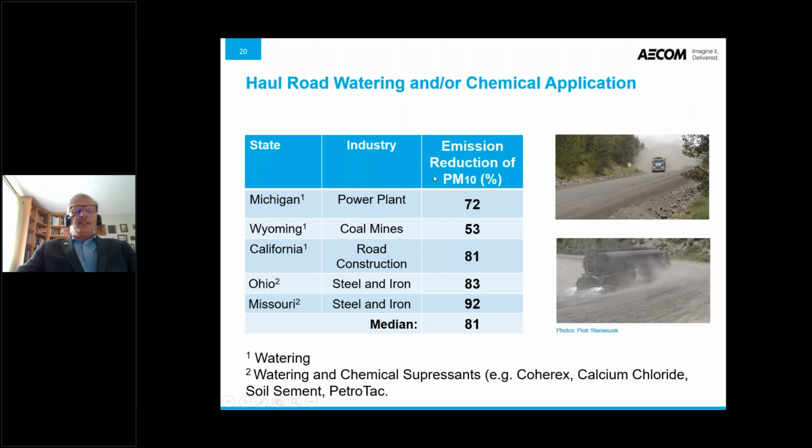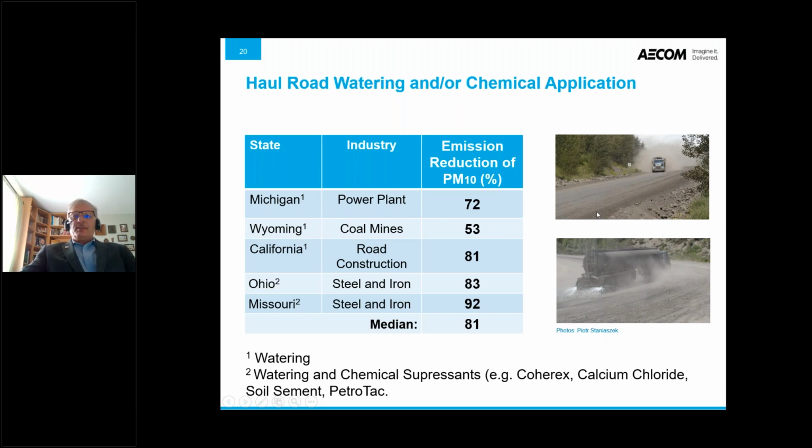We collected some studies from AP-42, US EPA materials, and we found out that for the western USA, the median watering efficiency is about 80%, and it applies to watering and to chemical suppressants.